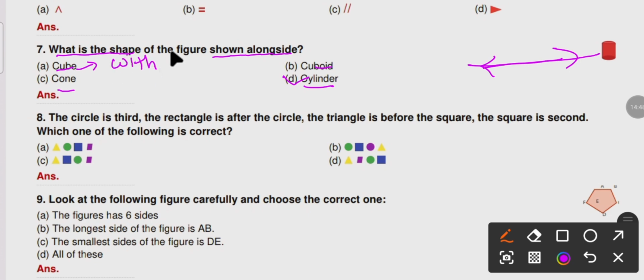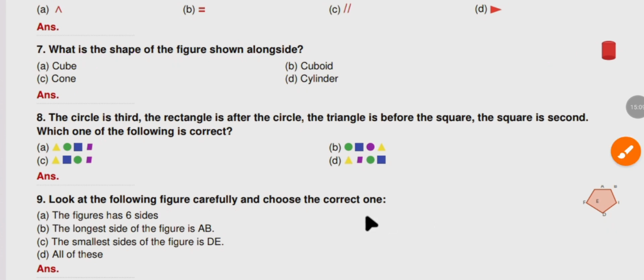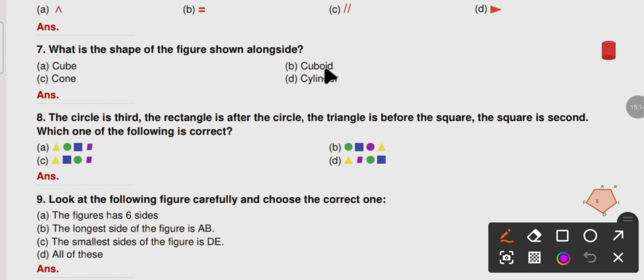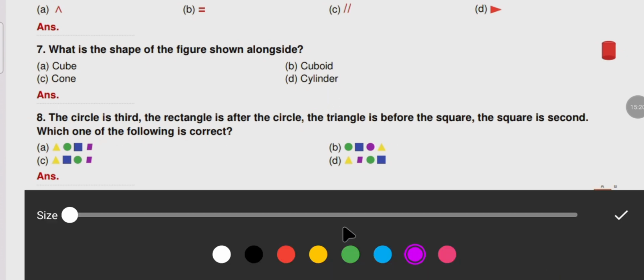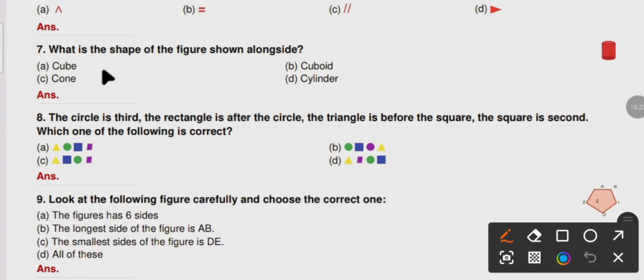With 6 equal square faces, like dice, example we can say dice. Okay, so what is the difference? Cube is also 3D, cuboid also 3D shape, cylinder is also 3D, cone is also 3D. But what are the difference between them? The difference is that now cube is 3D shape with 6 equal square faces like dice.